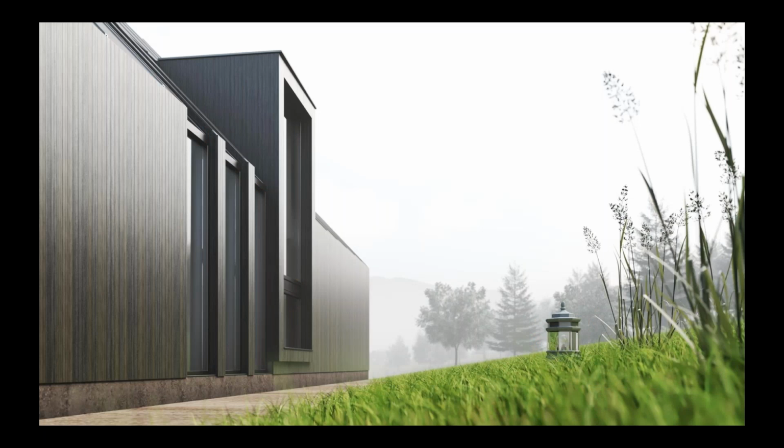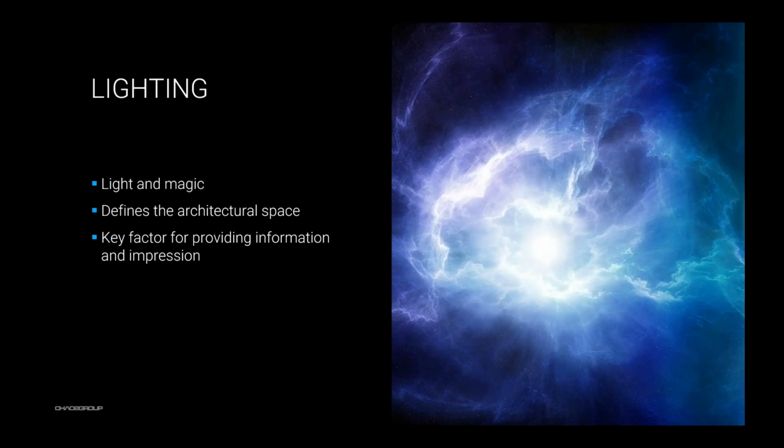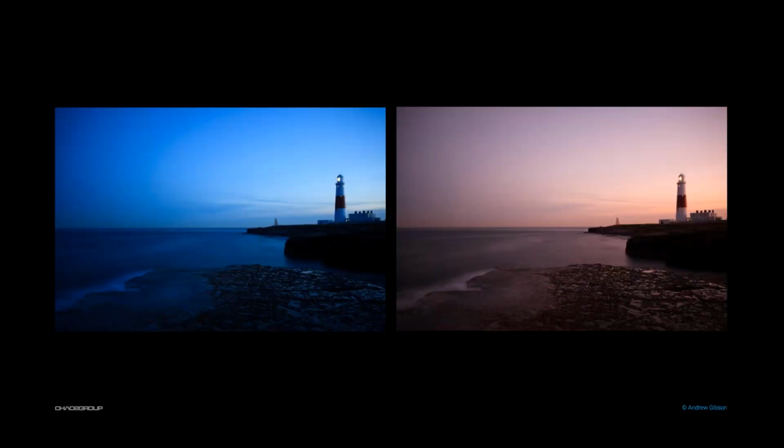Since I'm talking about the artificial lighting and the blue colors of the environment, maybe it's time to talk about the lighting. The lighting is maybe the most interesting part in the visualizations for many artists. The light defines the architectural space, and it's a key factor for providing information and impressions.